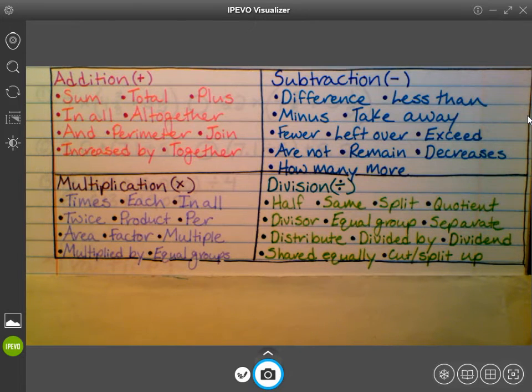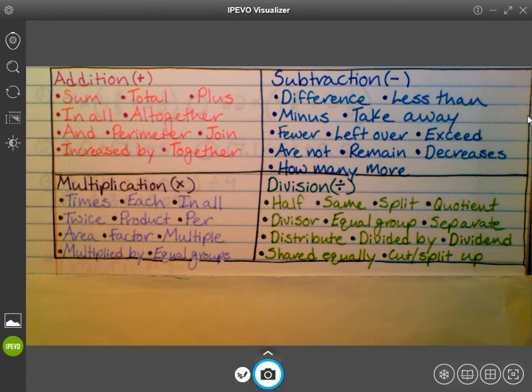Now, I don't want you to be freaked out and think, oh my gosh, they're going to use all of these words in one equation or one number sentence. No, absolutely not. But you might see one word for addition, and then a word for division, and a word for multiplication, all in the same expression, written in words that you would then translate to numbers. Now, today, fifth grade, we're not going to be solving our expressions. We're just translating them from words to numbers and operations.